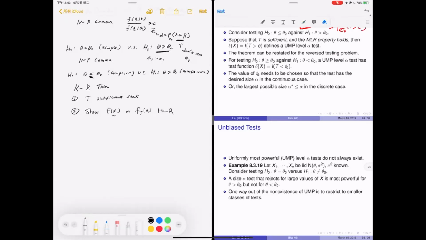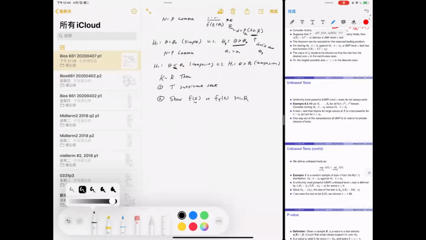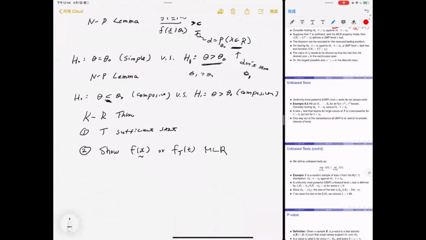Even further, what if your null hypothesis is actually simple, but versus an alternative that is composite and two-sided?